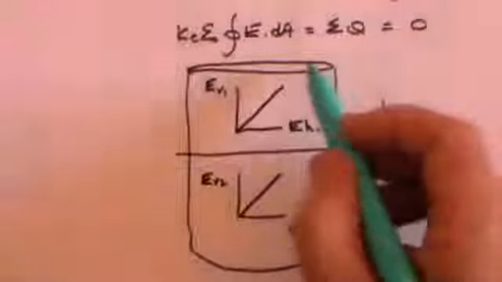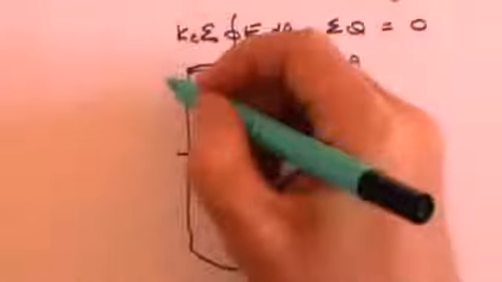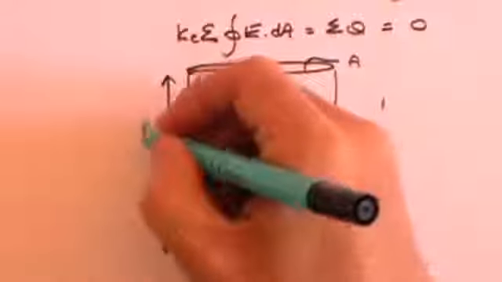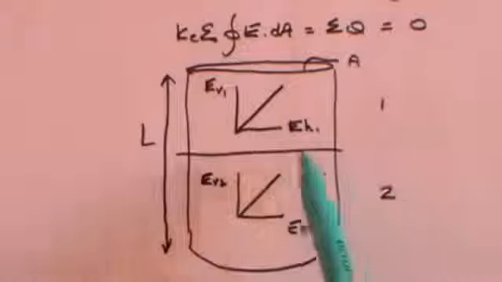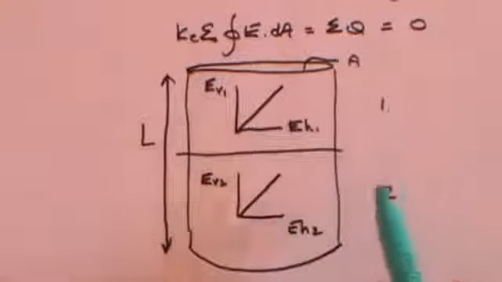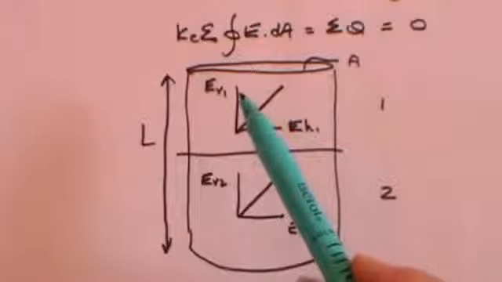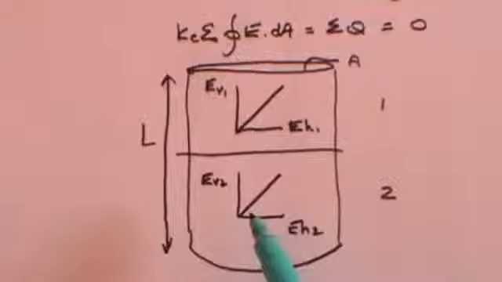And the area at the top of the cylinder I'm simply going to call A, and the height of the cylinder I'll call L. This is the surface between the two dielectrics, 1 and 2, and what we're considering is an electromagnetic wave that is travelling from medium 1 into medium 2.